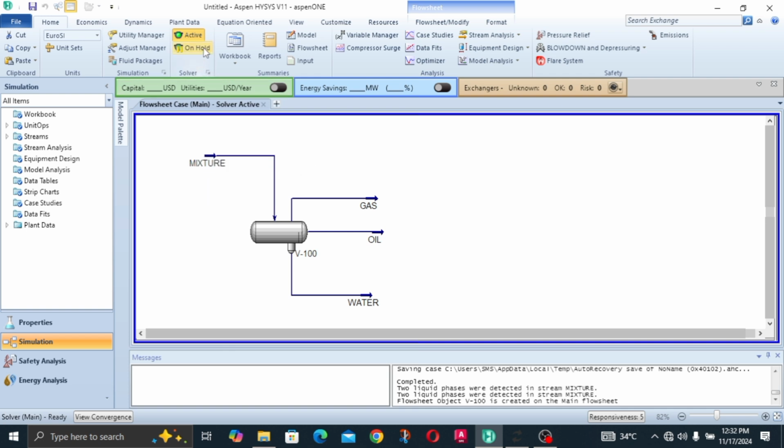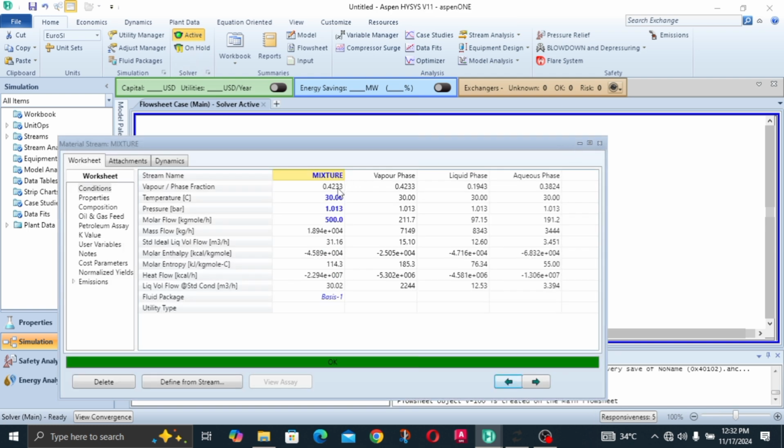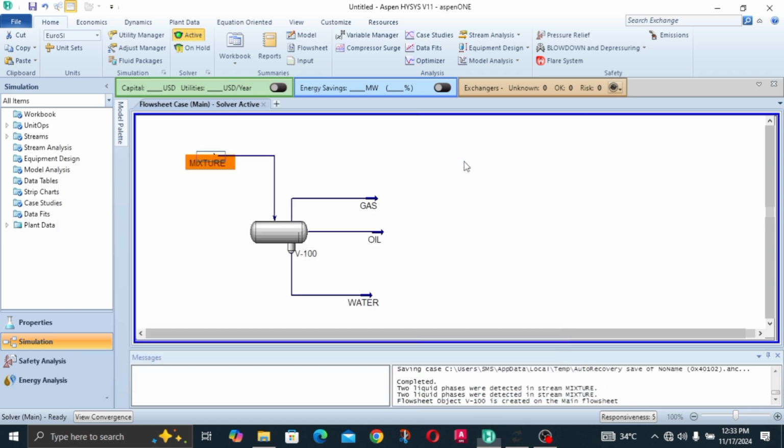But let's see if we could do a little bit of optimization to achieve a more efficient separation. In this case, we have a vapor fraction of 0.4233.